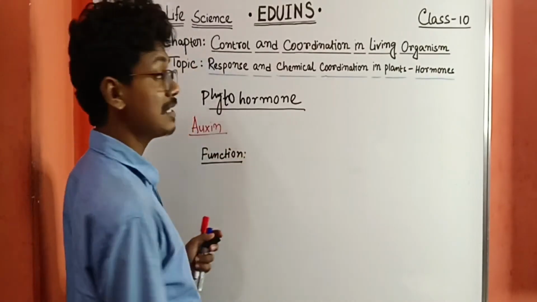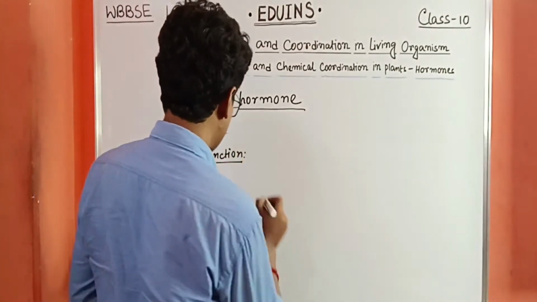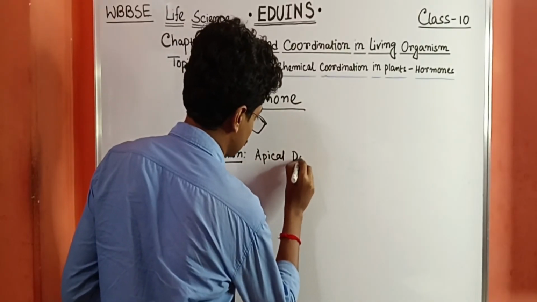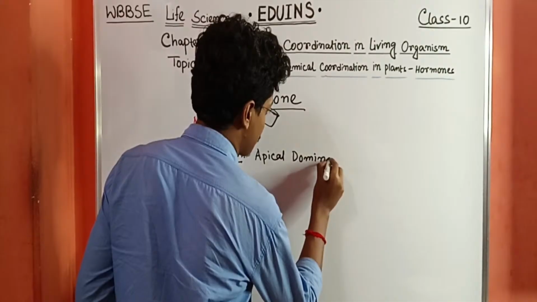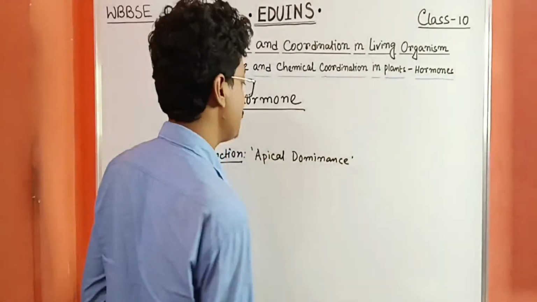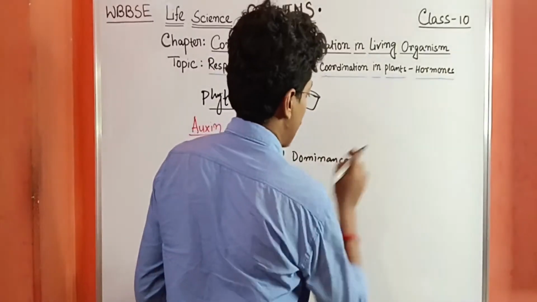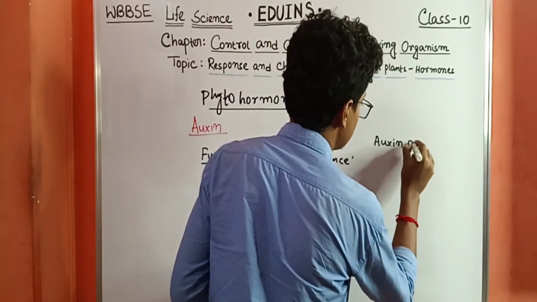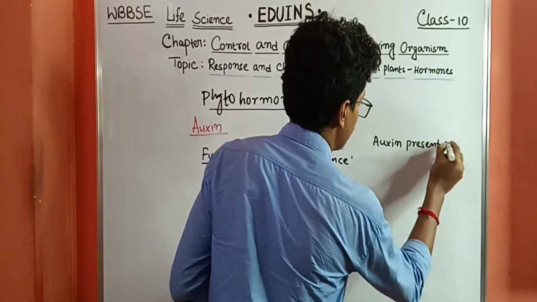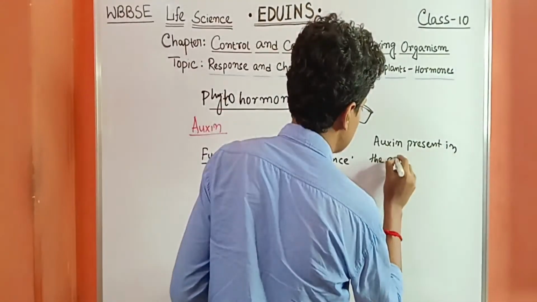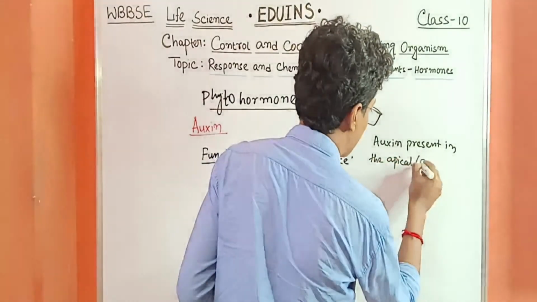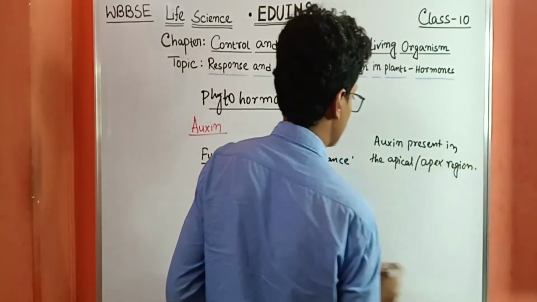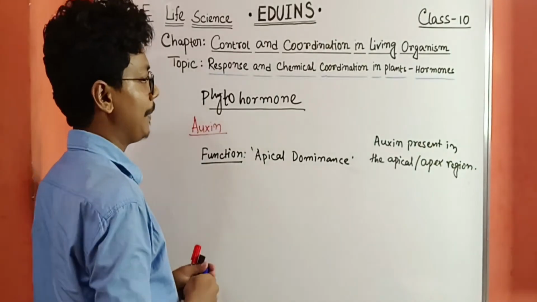Number one and most important function is apical dominance. What is apical dominance? I have told that auxin is present in the apical or apex region. What is the apical or apex region?